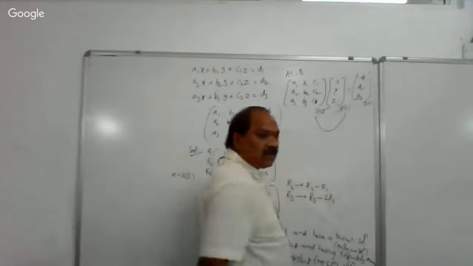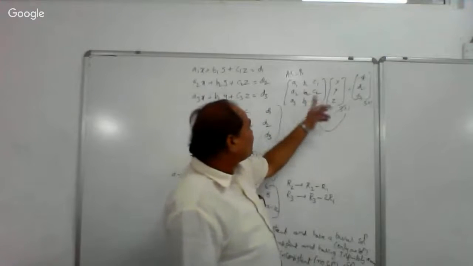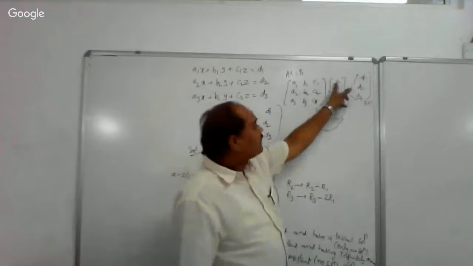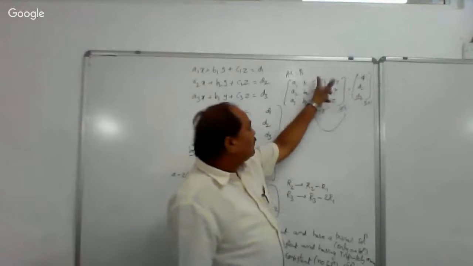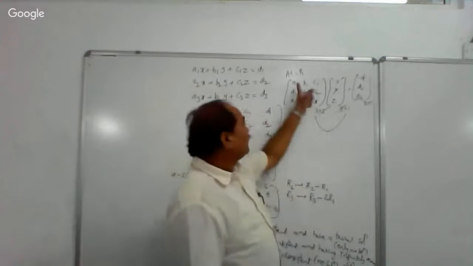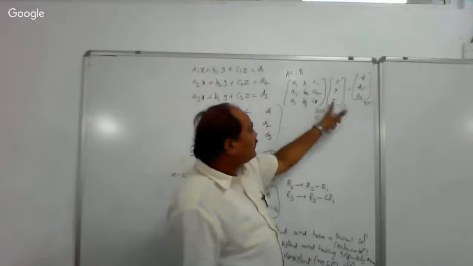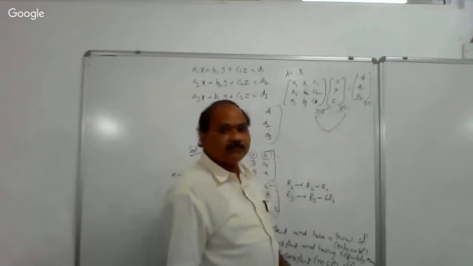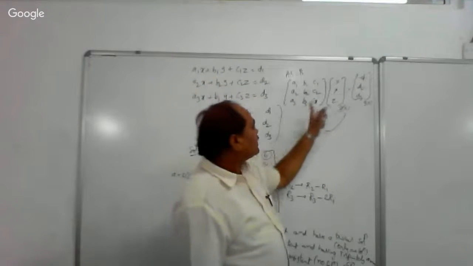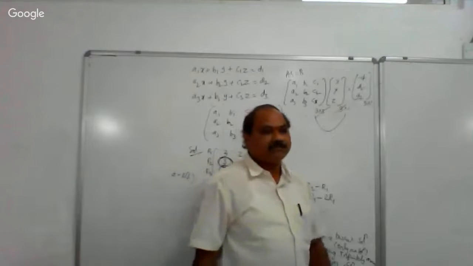Nothing but matrix multiplication, nothing but a1 into x plus b1 into y plus c1 into z equal to d1, a2 into x plus b2 into y plus c2 into z equal to d2, a3 into x plus b3 into y plus c3 into z equal to d3.